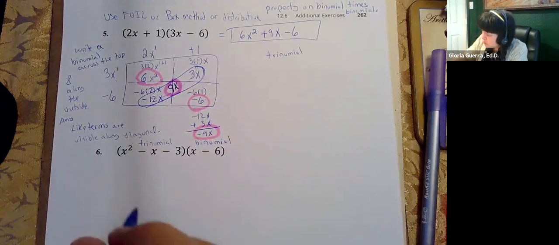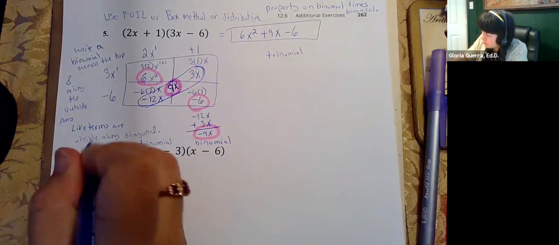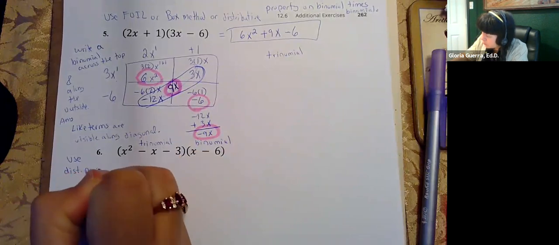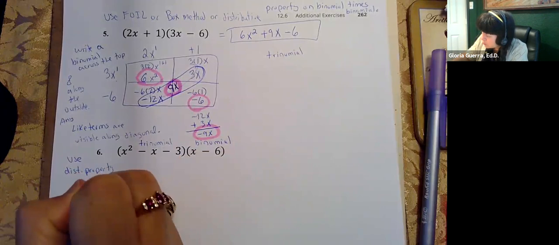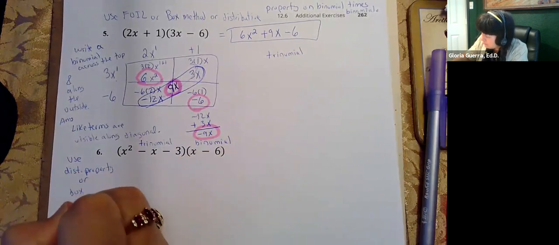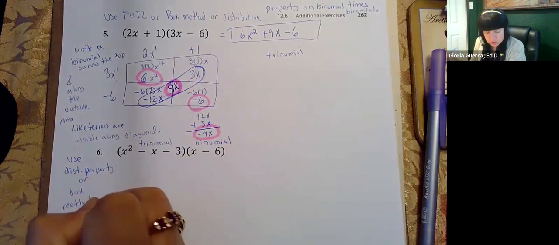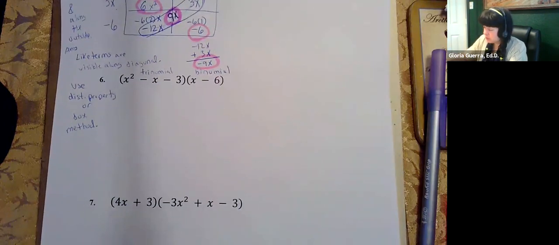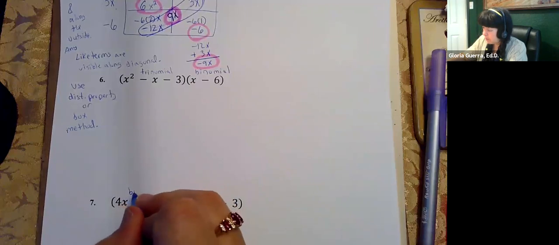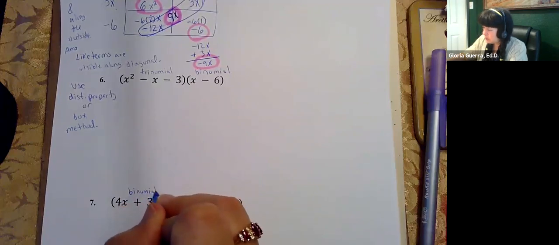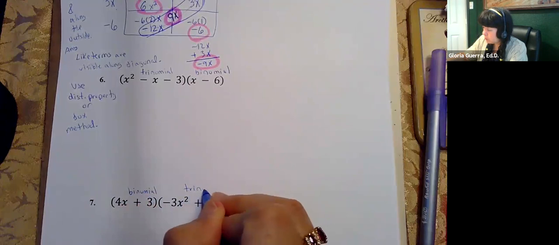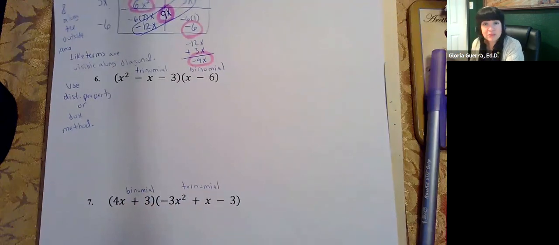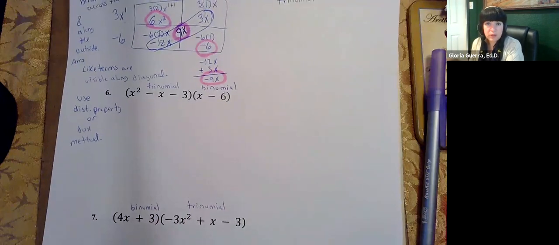On this one, you can either use distributive property, or you can use the box method. So I'll show you the box method for number 7, because number 7 is also a binomial times a trinomial. But on 6, I'll show you the distributive property in case you prefer it.